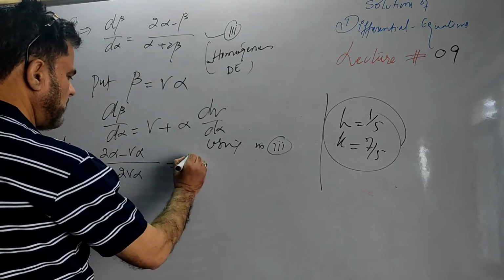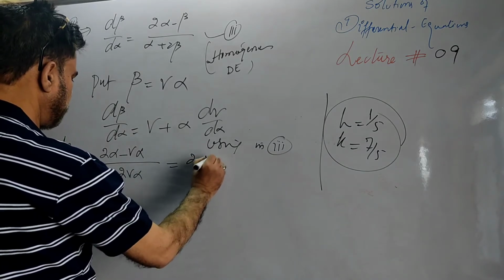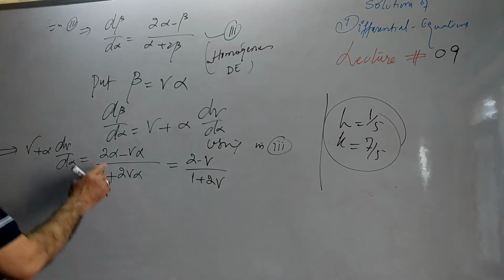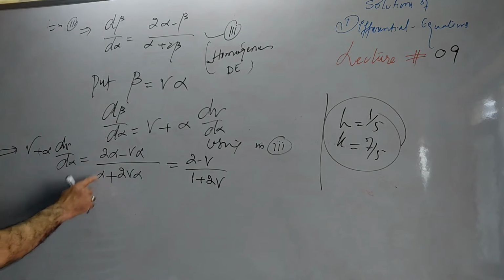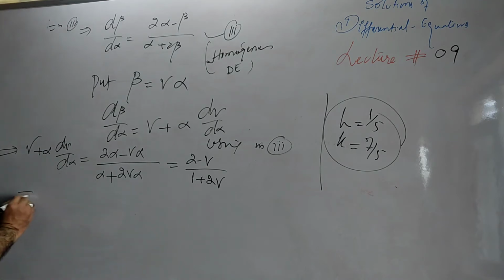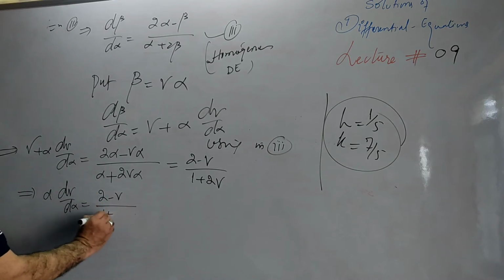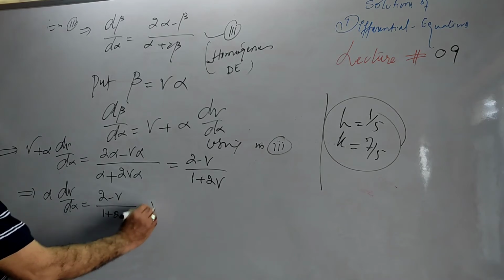This is further 2 minus V by 1 plus 2V, because we take alpha in the numerator and alpha in the denominator. So alpha dV by d alpha is equal to 2 minus V by 1 plus 2V minus V.